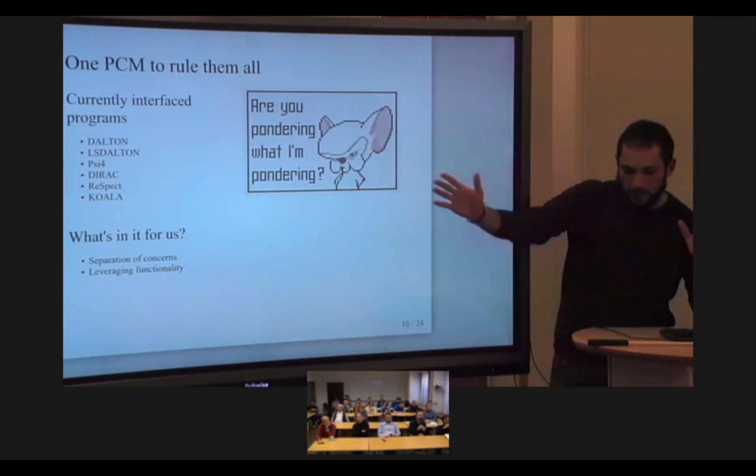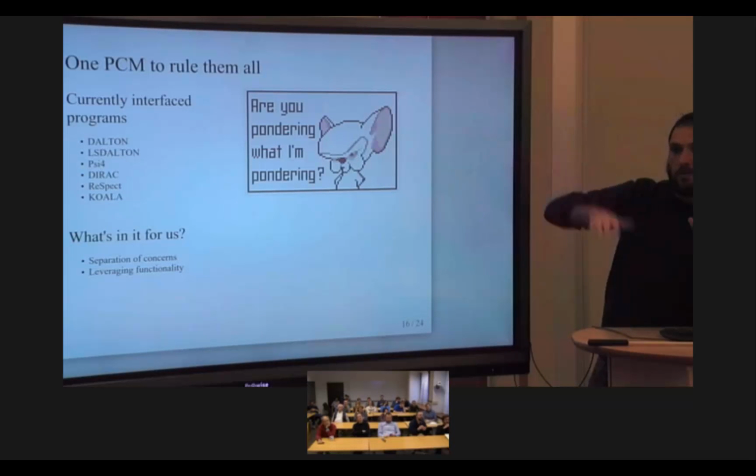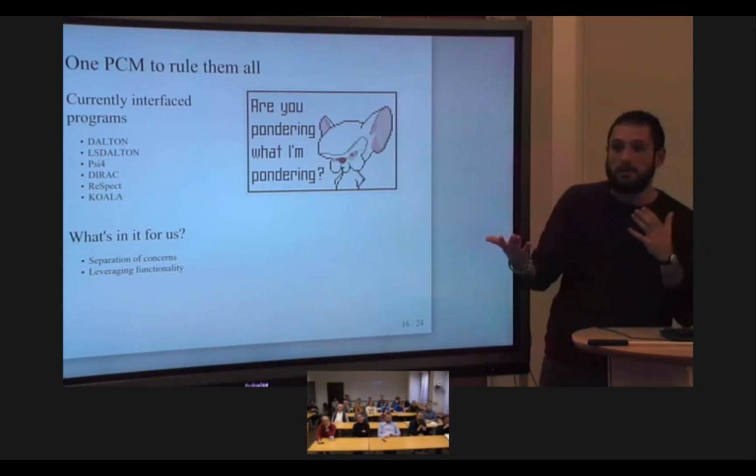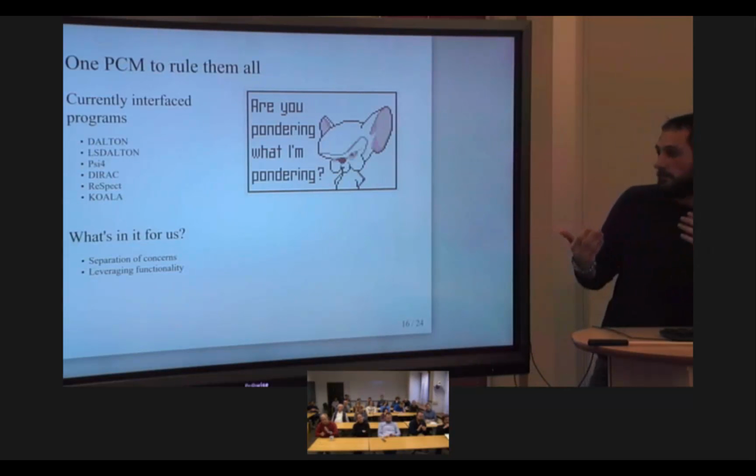It's that, of course, we have separation of concerns, so we don't need to be concerned about, for example, how the implementation of the electrostatic potential integrals is done, or how the SCF process is managed, or the linear response solver. So separation of concerns, and of course we can leverage the functionality of each of the other codes.